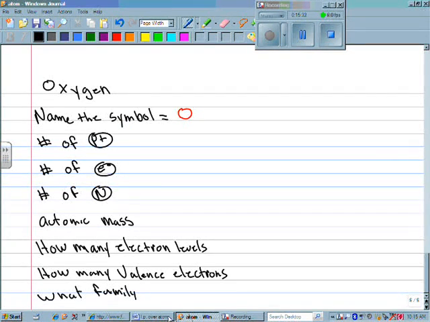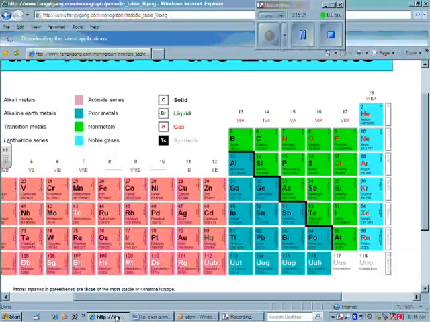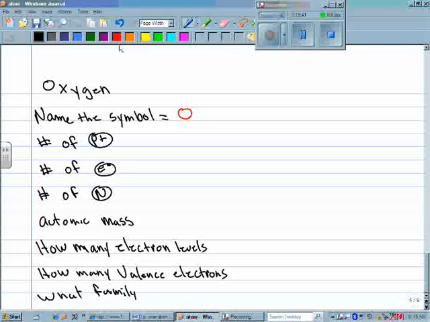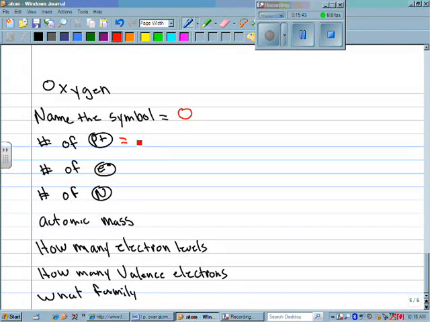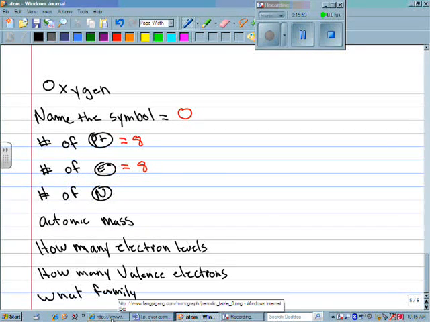Now, number of protons. So now we look. Okay. We know that it's 8. So that tells us 8, because the number of protons equals the number of electrons. So that equals 8. Hold on, no. Getting ahead of yourself. Okay.